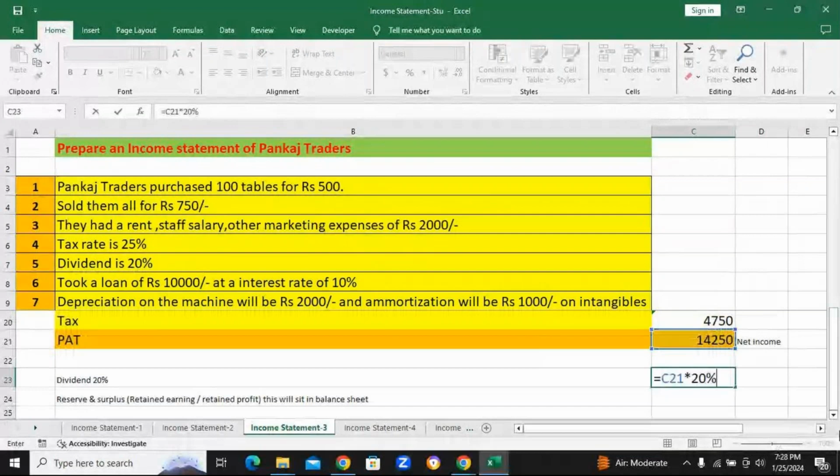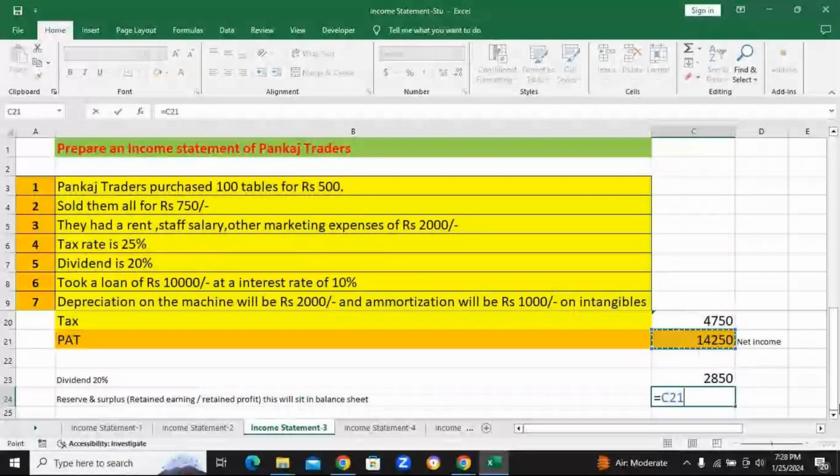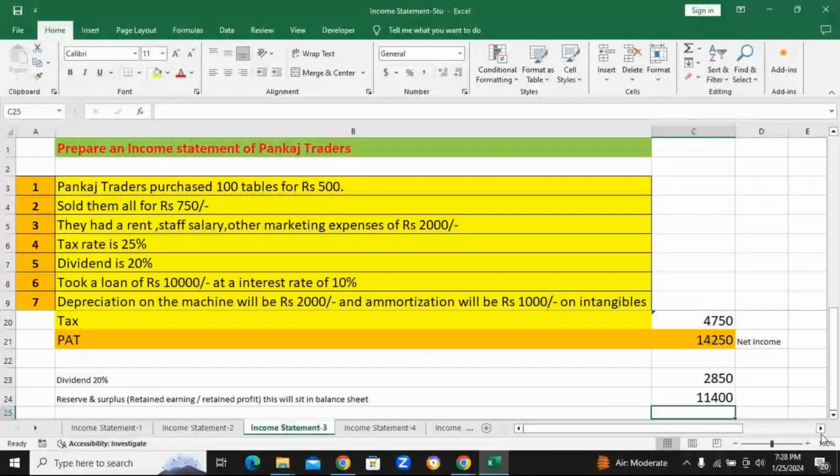So reserves and surplus, if you see, equals 14,250 minus 2,850. So 11,400 is my reserves and surplus, that is the retained earnings, which will sit in the balance sheet. So I hope you people have also got the same answer.